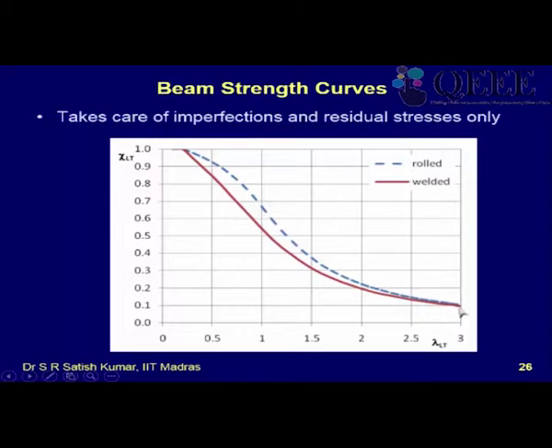So anything beyond, let's say, lambda of even 1 or 1.2, the lateral buckling will be critical, and it would be economical to give some degree of lateral support or to change the cross section so that the chi value is not below 0.5 or 0.4, because if it is going much below this, then you will not get an economical design. Okay, so efforts are generally made to ensure that lambda is less than 1.2, so that I get a chi value of at least more than 0.4 or 0.5. Okay, so that is what is done.